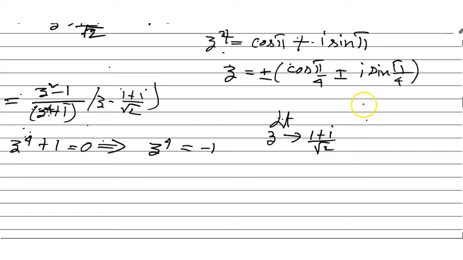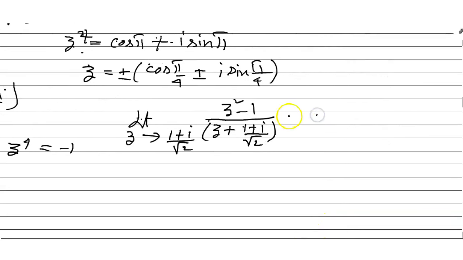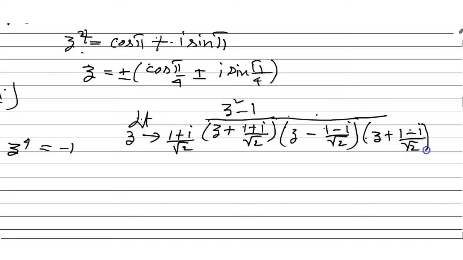we get z square minus 1 divided by (z plus (1 plus i) divided by root 2) into (z minus (1 minus i) divided by root 2) into (z plus (1 minus i) divided by root 2). These 3 factors we will get, and this factor is gone.